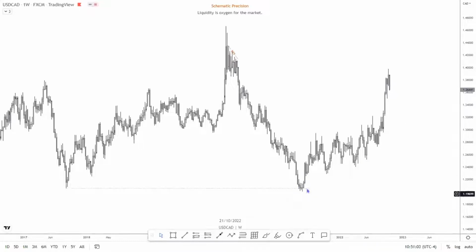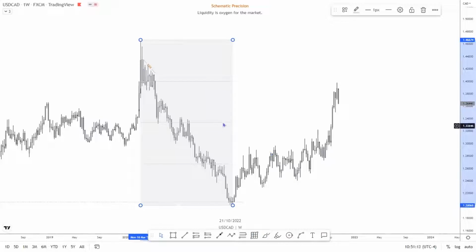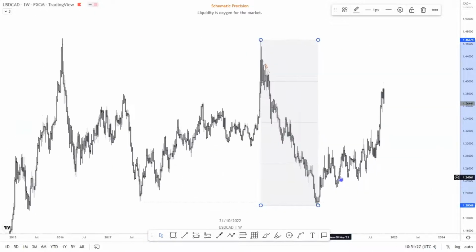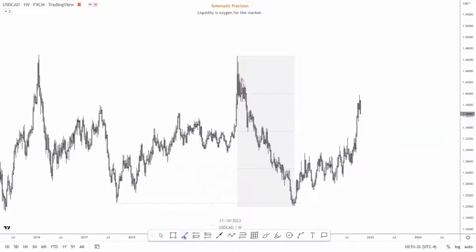And we are in the premium now, and from the premium area we can start looking for some reactions from the market, because after taking this sell side liquidity, price has been bullish.